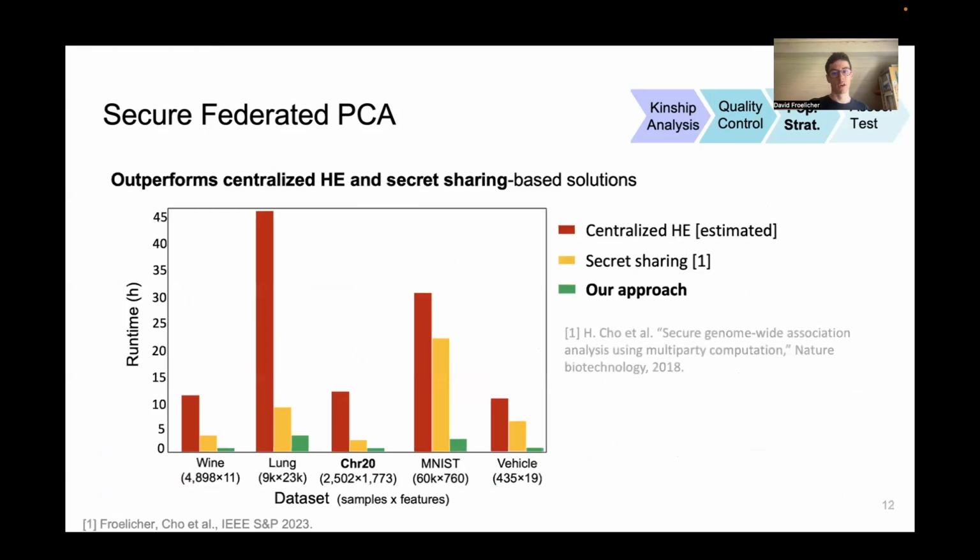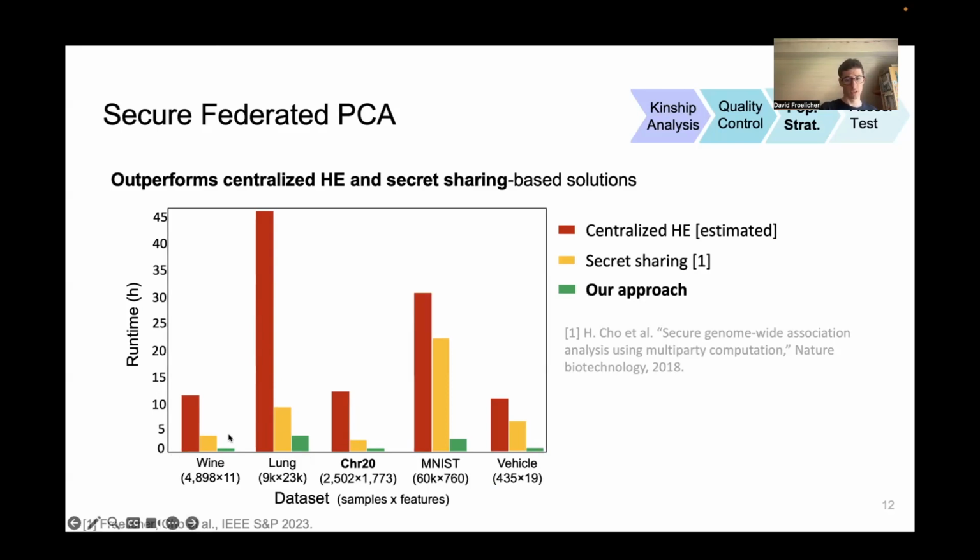We have also compared our solution with other secure solutions based on centralized homomorphic encryption or the secret sharing technique of secure multi-party computation. And we show that for various datasets with different dimensions, two datasets are genomic data here, we can see that our solution in all cases outperforms the other solutions.